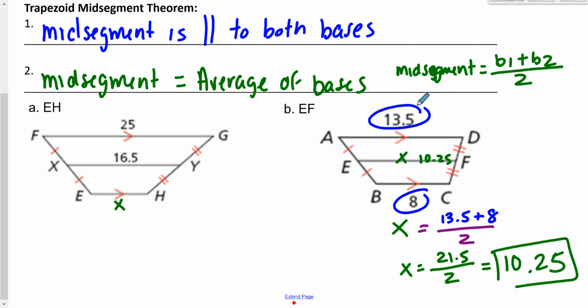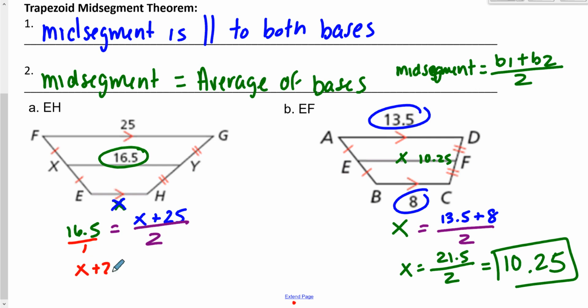Now to do that same thing with this question, we know that the midsegment is 16.5, which is equal to base 1, which is x, plus base 2, which is 25, all over 2. So now if I put this over 1 and cross multiply, I get x plus 25 is equal to 33.